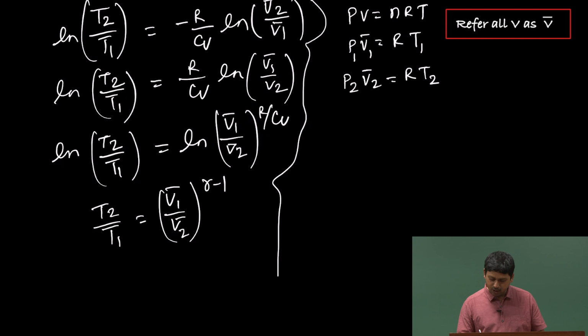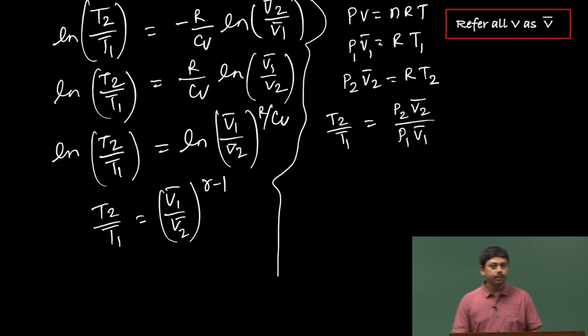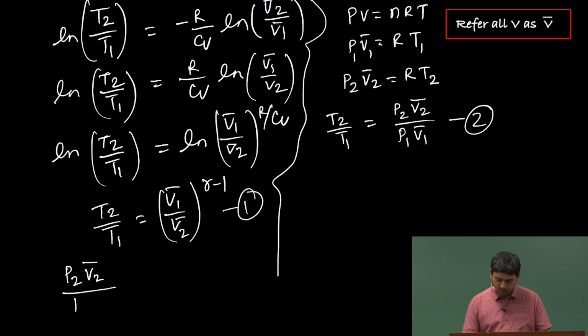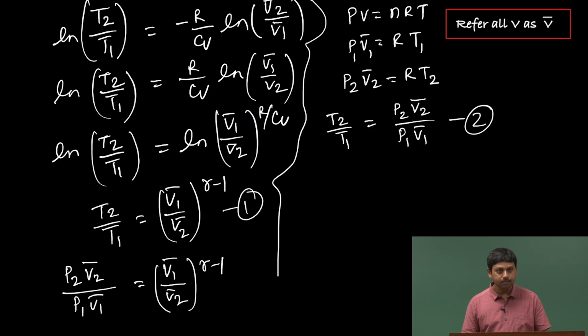Now, let us take the ratio of T2 by T1, what I am going to get? P2 V2 bar by P1 V1 bar. Okay. Let us put equation 2 in equation 1. So, T2 by T1 I am going to replace that. So, P2 V2 bar by P1 V1 bar is equal to V1 bar by V2 bar to the power gamma minus 1.